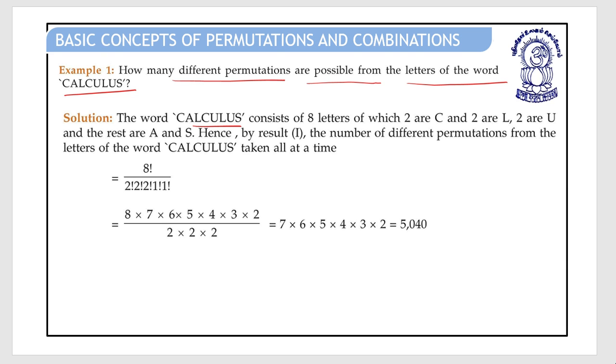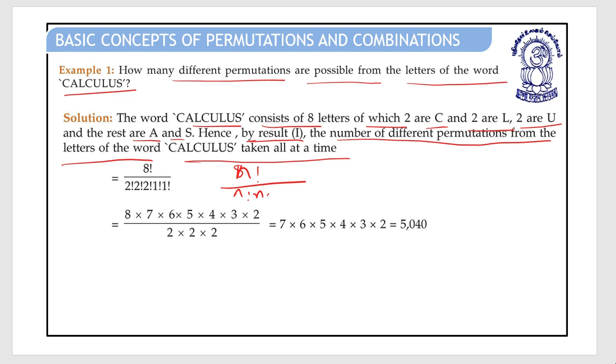Here the word calculus consists of 8 letters, of which 2 are C, 2 are L and 2 are U, and the rest are A and S. Hence by the result 1, the number of different permutations from the letters of the word calculus taken all at a time is n factorial upon n1 factorial, n2 factorial, n3 factorial, n4 factorial, n5 factorial. So after solving this, we will get the answer 5040.